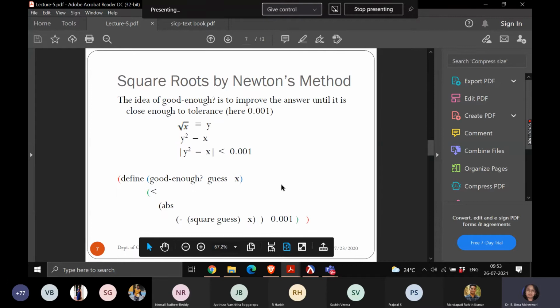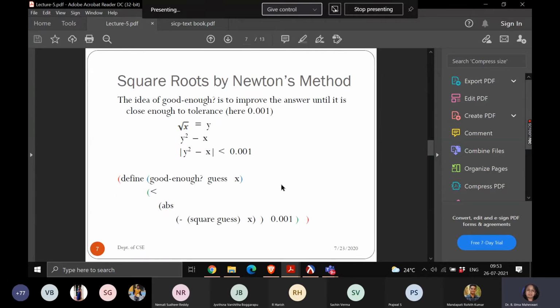Now some more things are not understandable. What is meant by good enough? We have used good enough in our previous abstract. Let us define that. Define good enough is a procedure, and it is going to take guess and x as arguments.